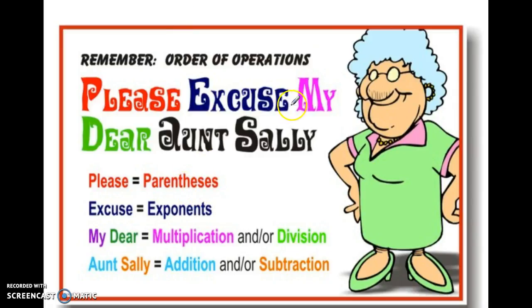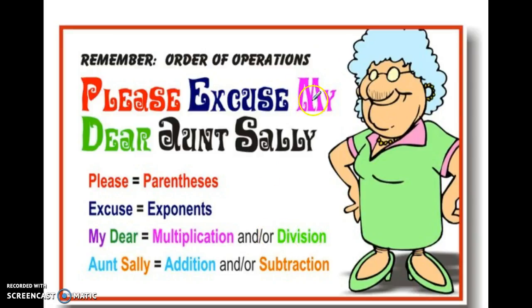Then my dear. So my dear, M stands for multiplication, and then division. Now, these can actually be flipped. You could do division first and then multiplication, or you could do them both, but you have to do multiplication and or division next.